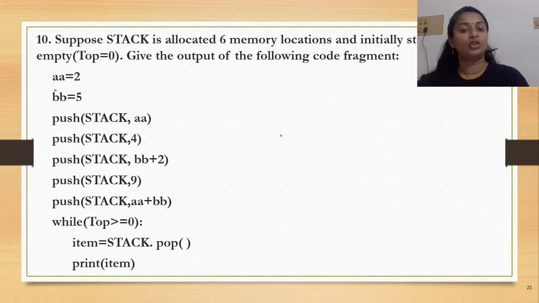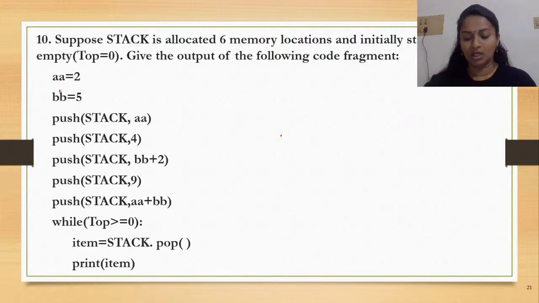Now see here, to find out the output for a particular code fragment, what you need to do is travel each line of the program, assign the values manually and then find out how this is working. Okay. Now, the question has shown that this is a stack.